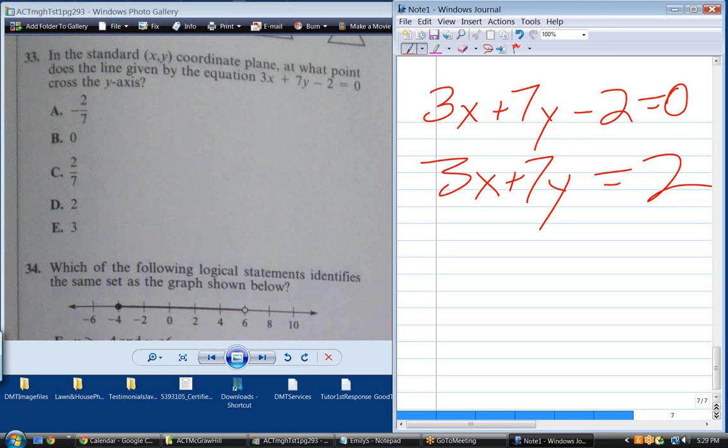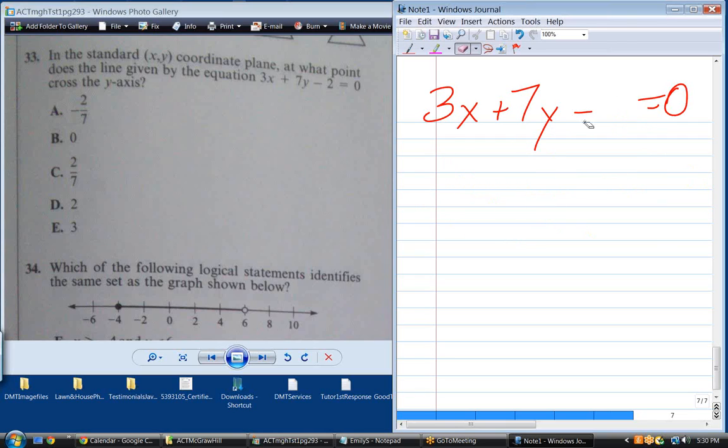But when you're given an equation in anything close to standard format, the fastest way to figure out your x and y intercepts is to substitute 0 for x, which always gets rid of that term, and that'll give you your y-intercept. And if you want your x-intercept, substitute 0 for y, which always gets rid of that term. So it's pretty quick to come up with x and y-intercepts using this technique.